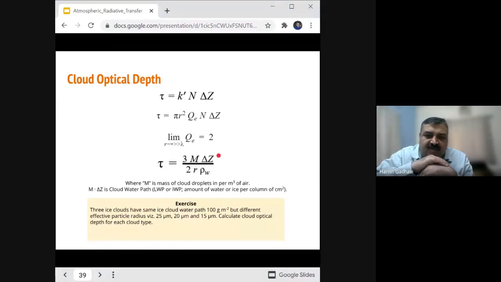They have radius 25 micrometer, 20 micrometer, and 15 micrometer. And I want you to calculate the optical depth of the cloud. And these are not some random numbers. These are actual observations in the atmosphere. So please do the calculations and tell me.